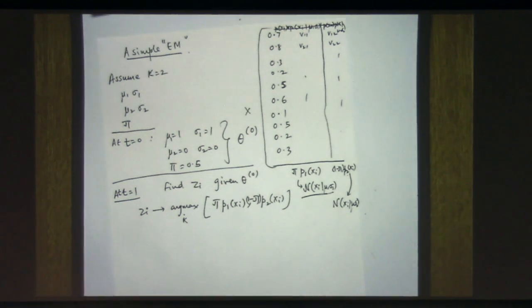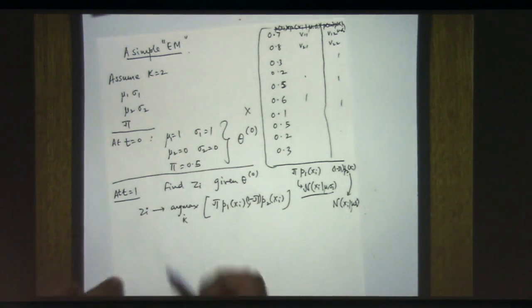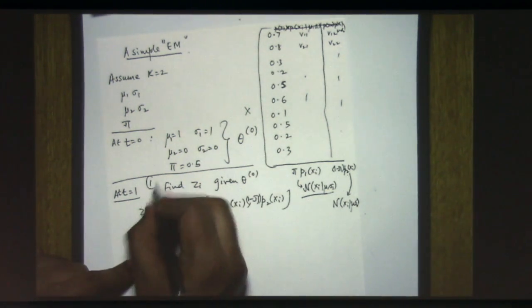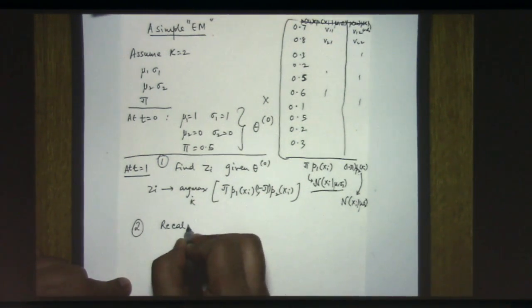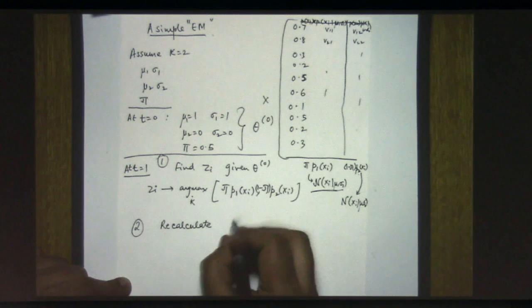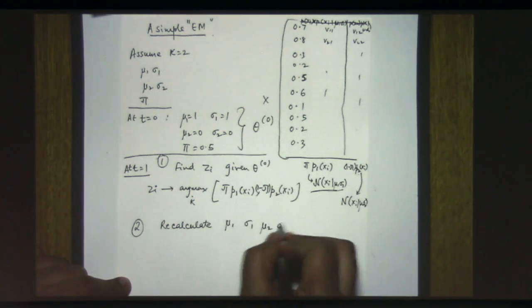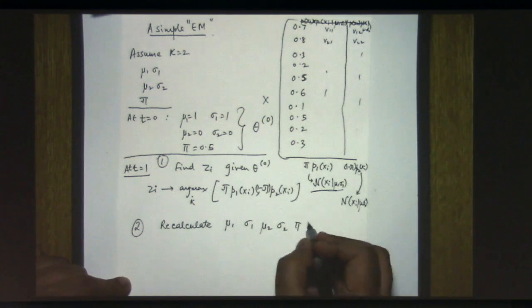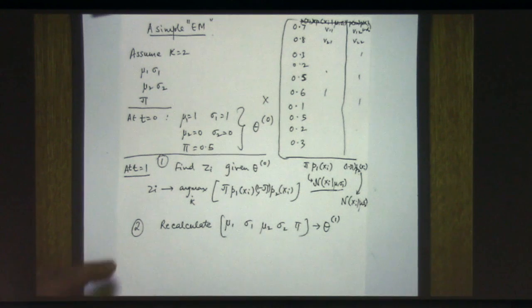So using these values, you can find out what my zi's are, and that is part 1. Then part 2 will be to recalculate mu1, sigma 1, mu2, sigma 2, and pi. So we are going to call this theta of 1, so at time 1, right?